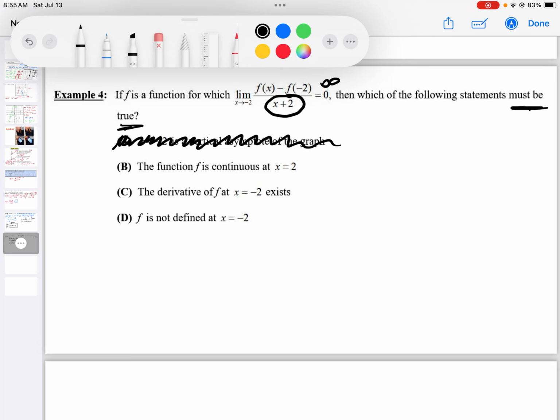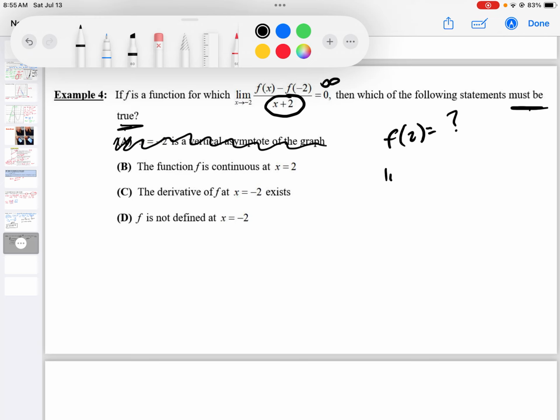The function f is continuous at x equals 2. Oh, wait, let me back up. x equals 2, I don't really know what's even happening there. Who cares about x equals 2? I don't know if it's defined.